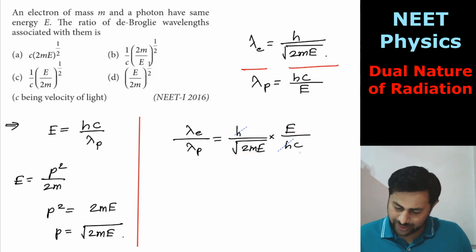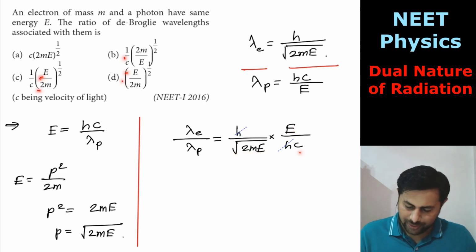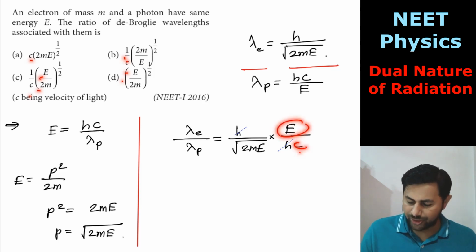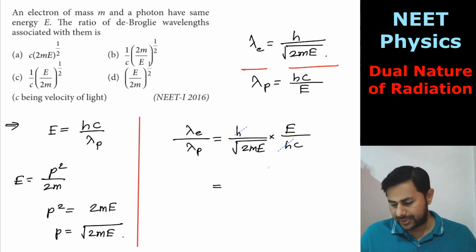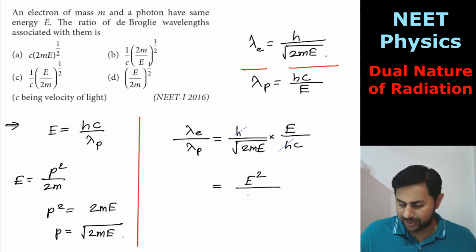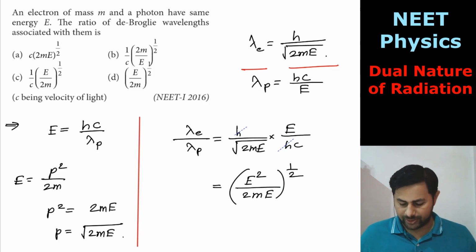So do you need to move everything in the square root? c is outside, so let's keep c outside, move E inside the root, so that is equal to E square divided by 2mE, and they have written it raised to half, right, for square root.